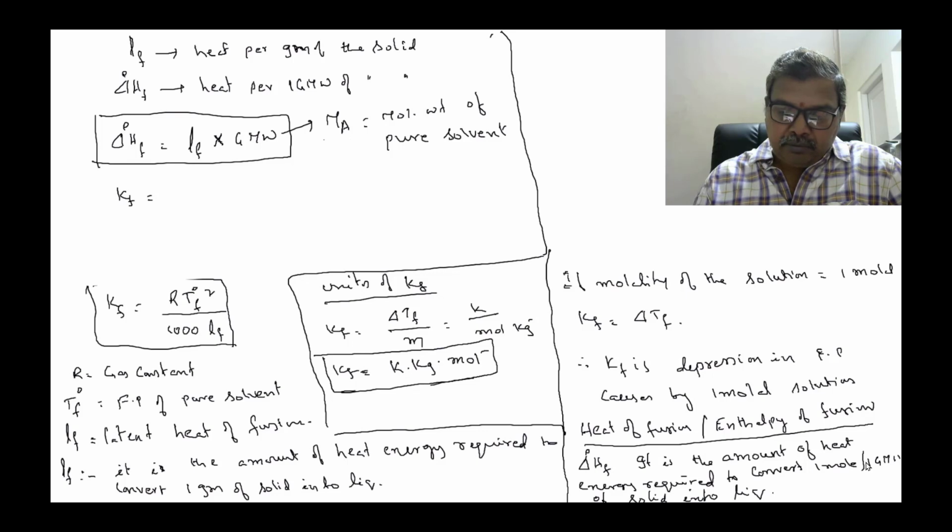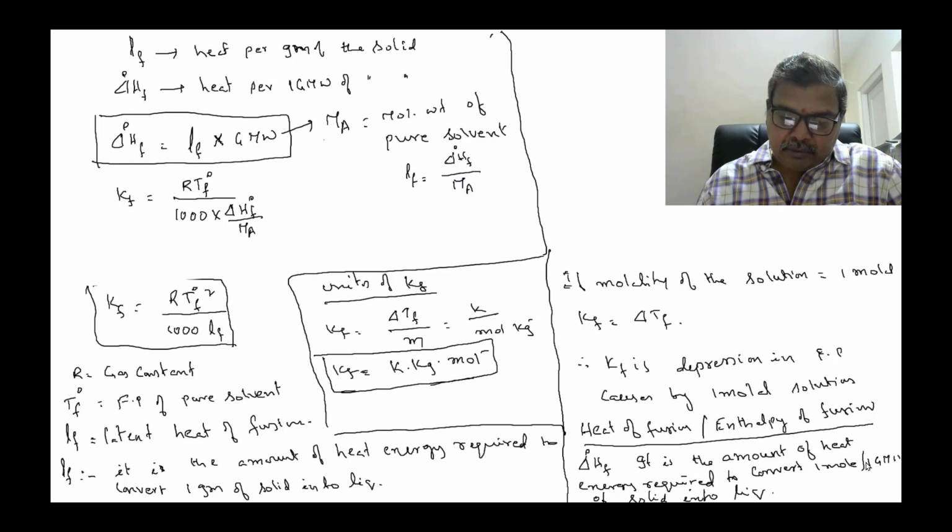Kf is equal to R Tf naught square by 1000 into Lf. What is Lf? Lf is equal to delta Hf naught by gram molecular weight of the solvent, so delta Hf naught by molecular weight of the solvent.